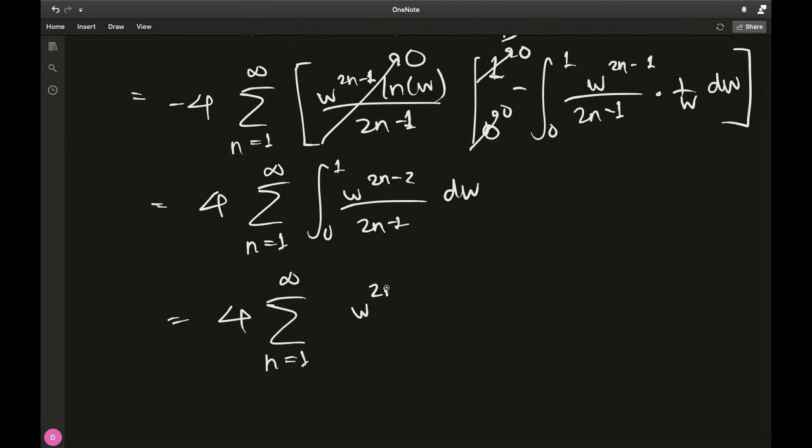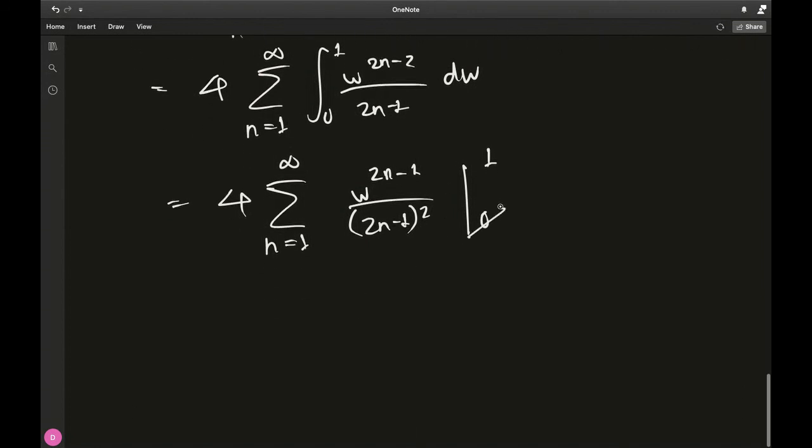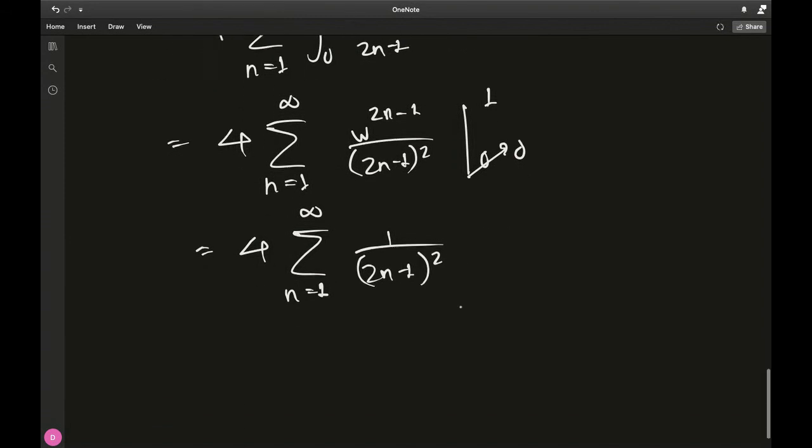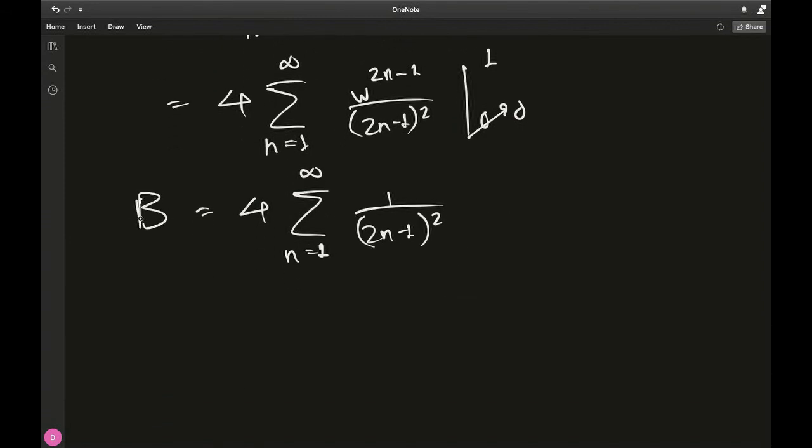W to the 2n minus 1 over 2n minus 1 times 2n minus 1, which is 2n minus 1 squared, evaluated from 0 to 1. At 0, of course, it goes to 0. At 1, the numerator just becomes 1. So 1 over 2n minus 1 squared. And this, if you write out some terms, is the inverse square series, but with odd numbers.